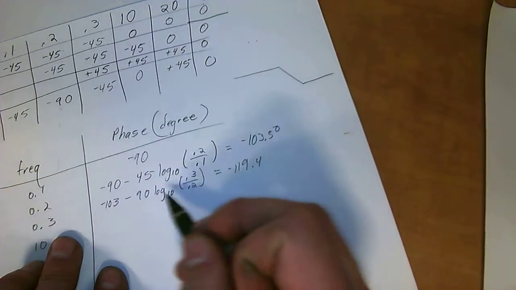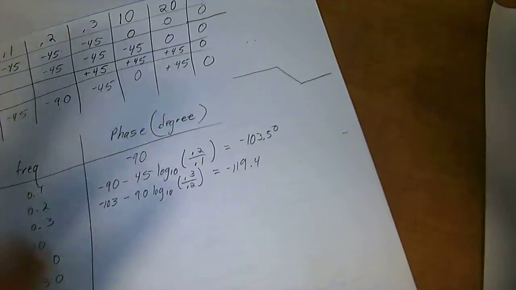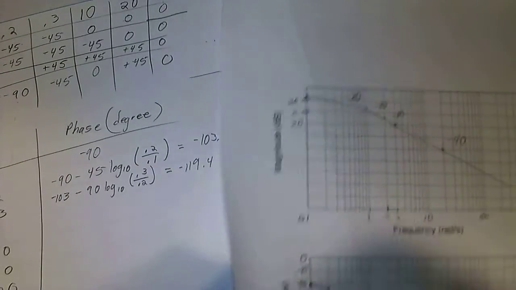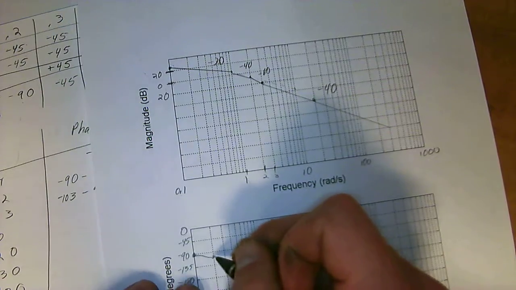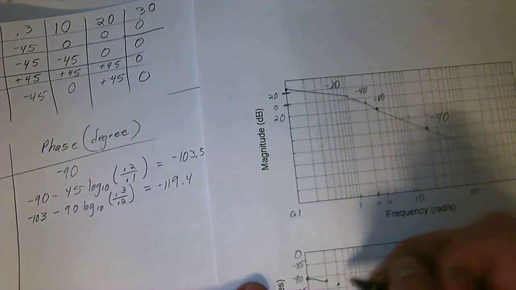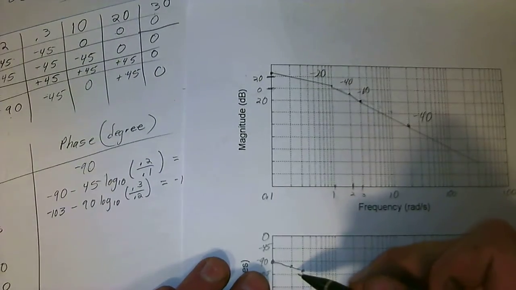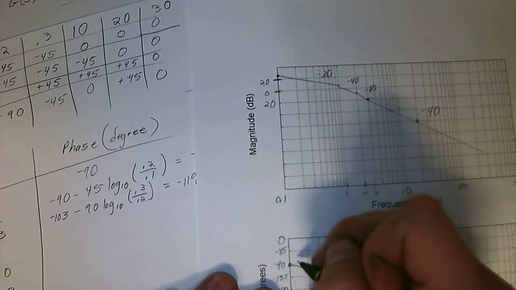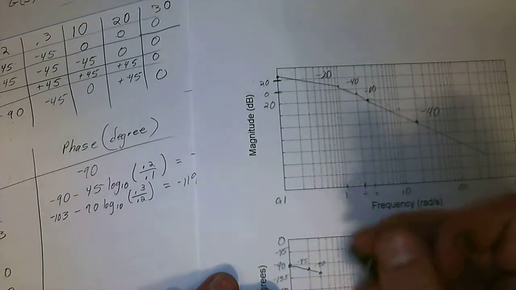And again, this is just a conversion factor into degrees, just like the last one was a conversion factor into dB. So at 0.3, this one was 103, so this one's going to be right about there. It's tough to tell, but that's a higher slope. This is negative 45, this is negative 90 degrees per decade.